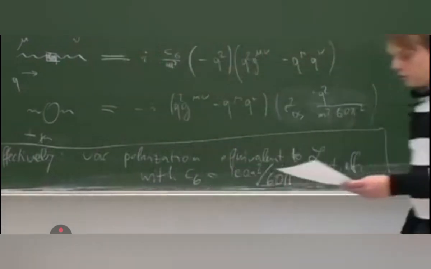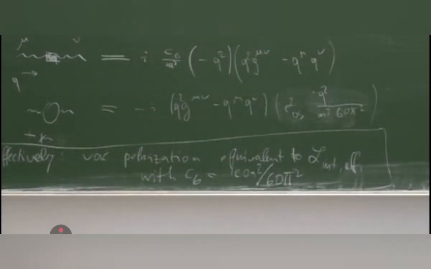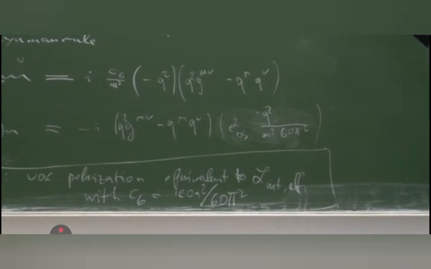And that makes manifest what I said before. At low energies, such new quantum effects, here in this case, a new effect from a loop diagram, can actually be absorbed or rewritten equivalently just as a new Lagrangian.